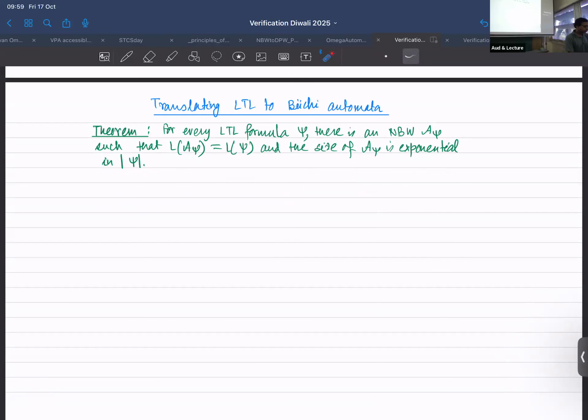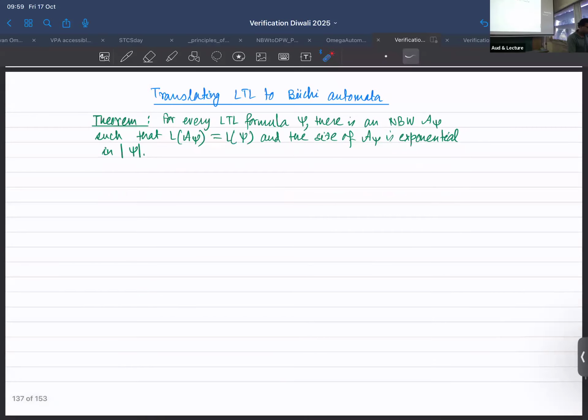Given what we have learned, you can translate an NBW to an alternating automaton, which gives as a corollary that you can get an NBW which is exponential in the size of the given formula. In fact, using Miyano Hayashi, we said this is of the size order 3 raised to n.